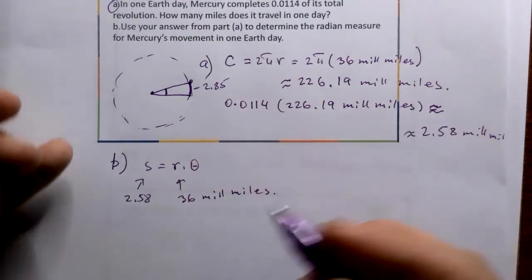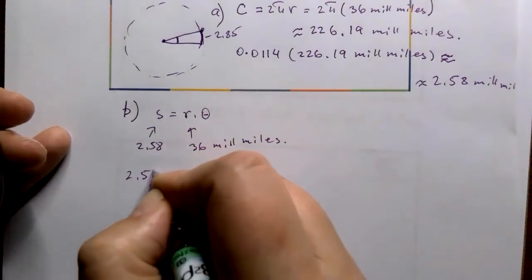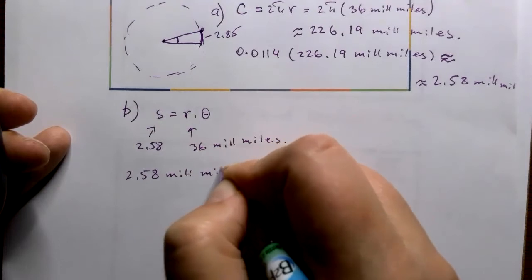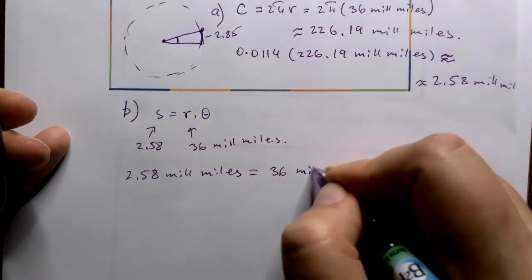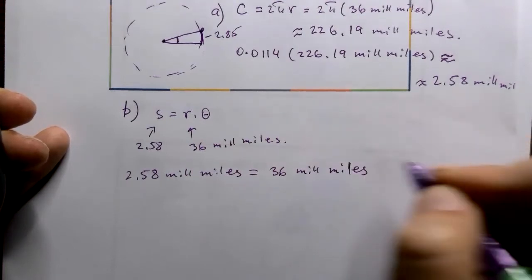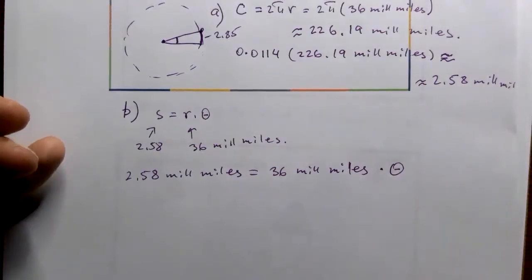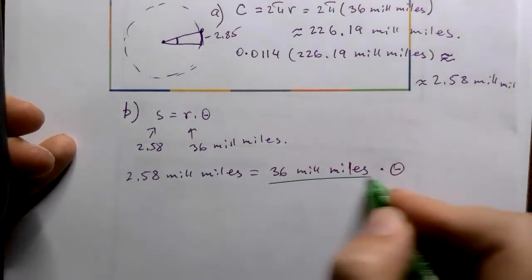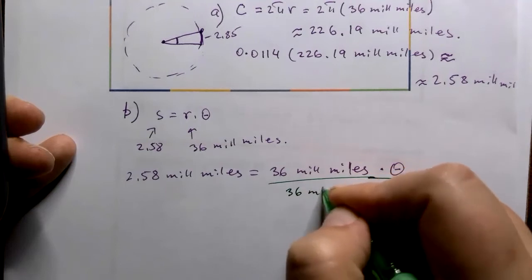Okay, so let's put it into our equation. 2.58 million miles equals 36 million miles times our angle theta. So if we want to find angle theta, we have to divide both sides by 36 million miles.